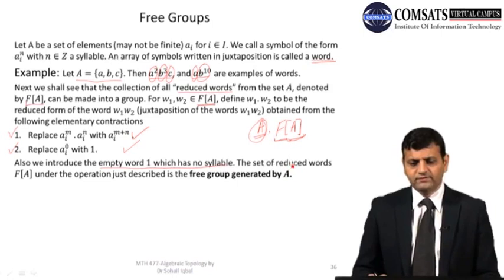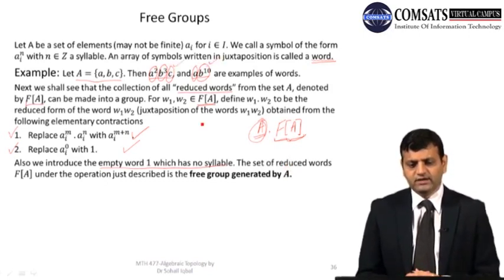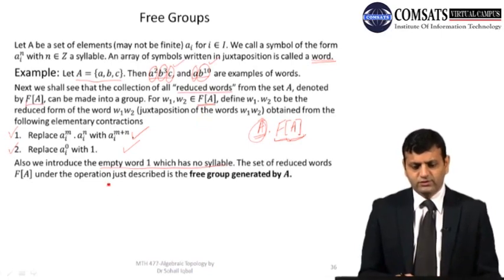Okay, so we have done many steps. In the first step we defined what a word is. So a word is a collection of this form. Secondly, we want to reduce the words. So how do we reduce the words?